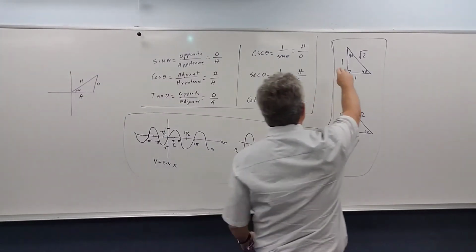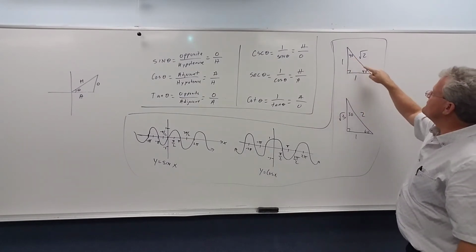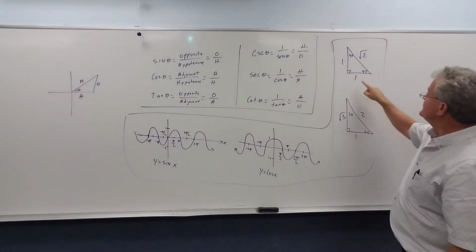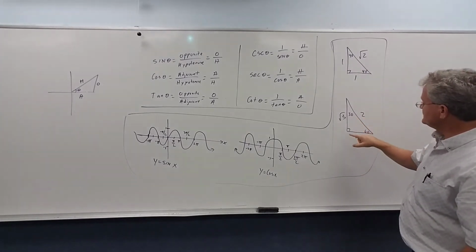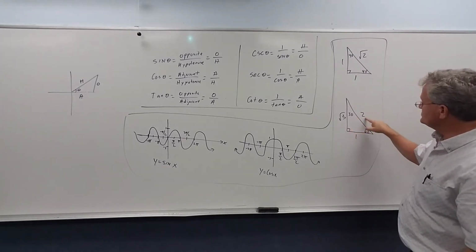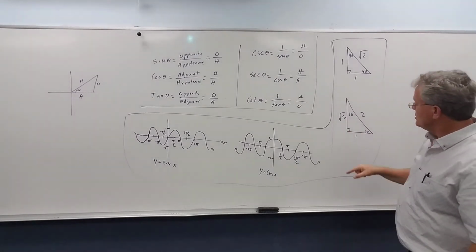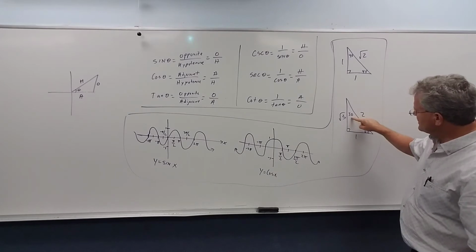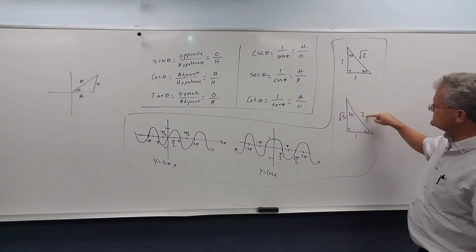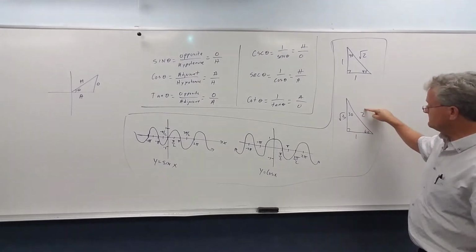And second, just know these two triangles. This is the 45, 45, 90. The sides are 1, 1, root 2. 30, 60, 90. The sides are 1, 2, square root of 3. Square root of 3, just to remember what goes opposite 30. The hypotenuse is always the largest number, which is 2.